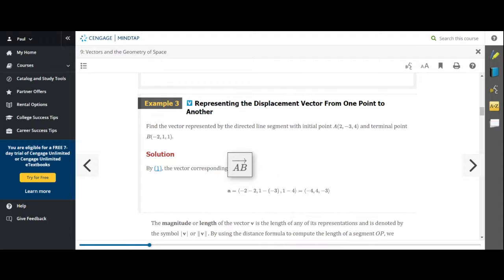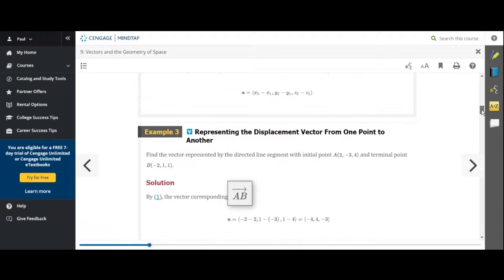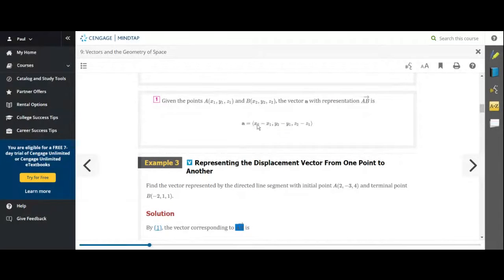Graphically that would make sense, but that's how vector subtraction is defined.